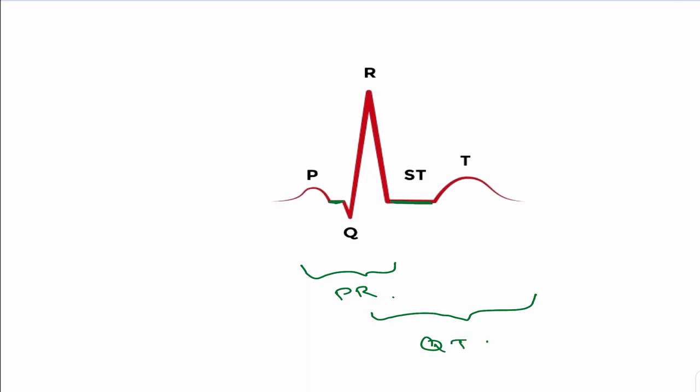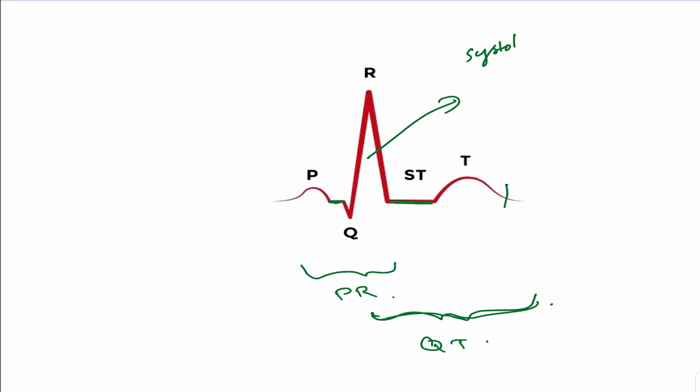So two intervals we have studied. Now what is the significance of this? During the QT interval, this is a QRS complex where there is the beginning of ventricular depolarization, or ventricular systole is beginning, and it is continuing till here.